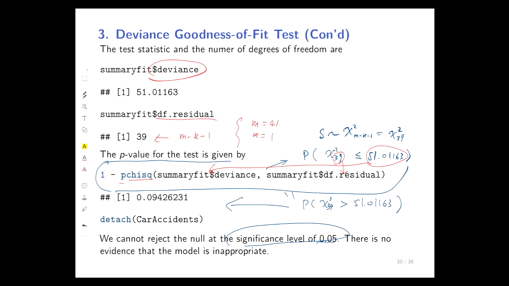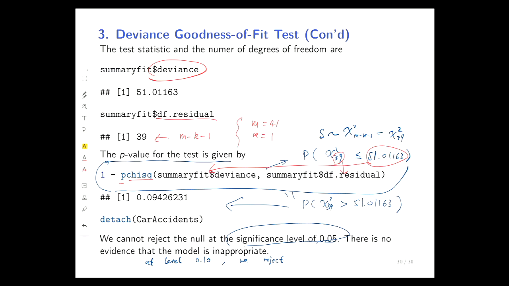But if we consider the level 0.10, we reject. So that totally depends on you. You need to select the significance level by yourself. So at the level 0.05, we cannot reject, but at level 0.1, we reject.